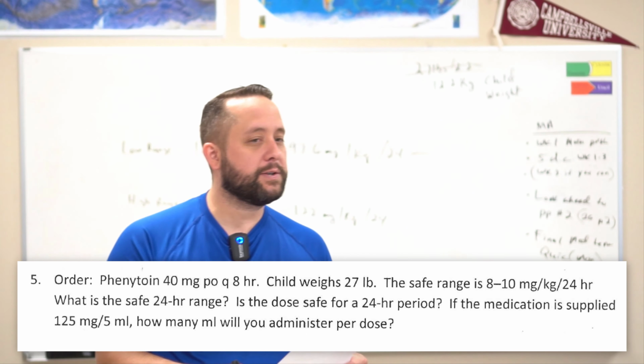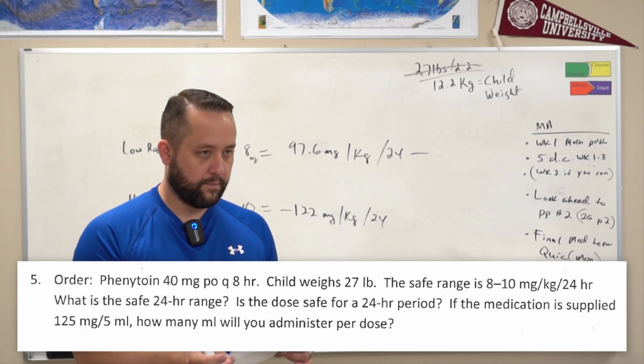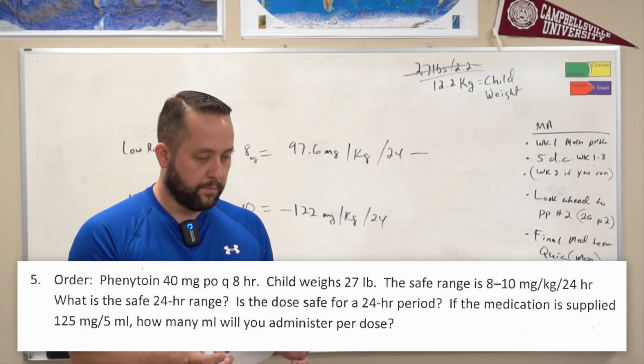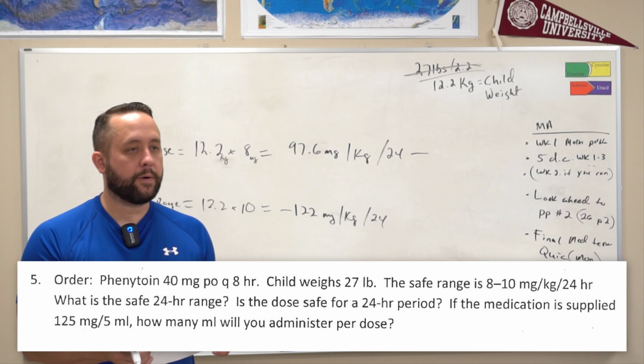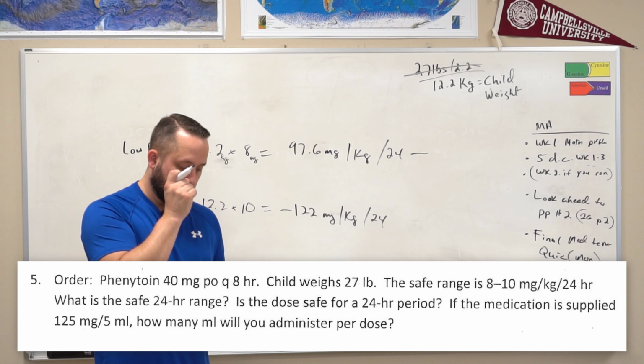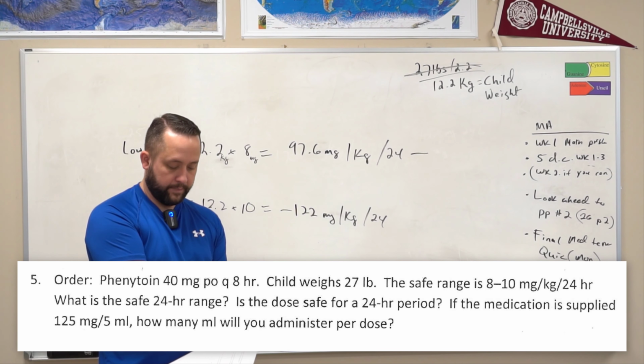How do we answer that question now? What's the dose? Read the beginning of the question. Order: fentanyl, 40 milligrams by mouth every 8 hours.